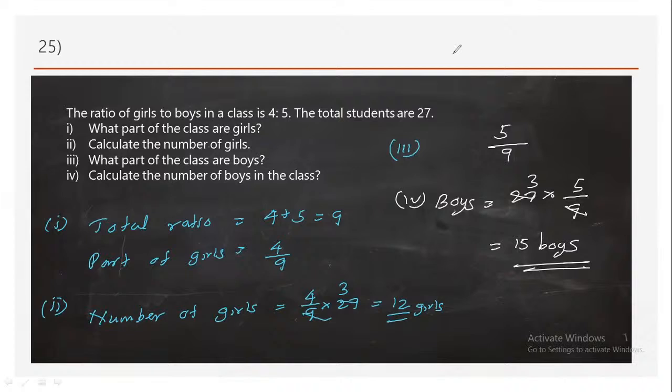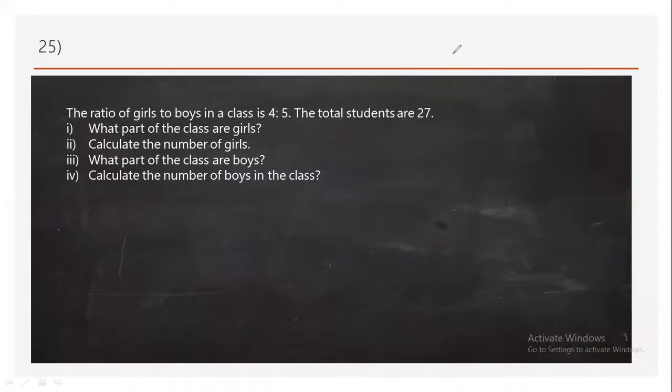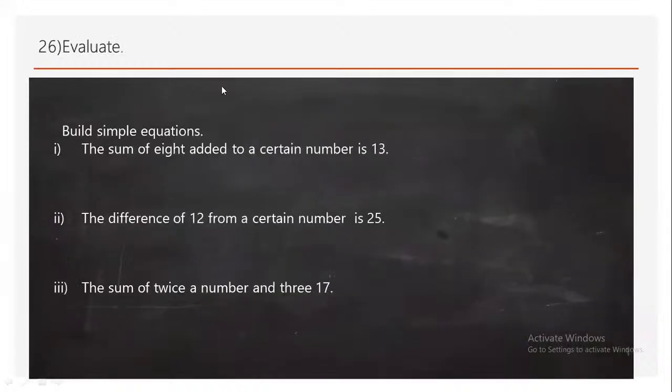Question number 26. Build up simple equations. Today I included simple equations also. The sum of 8 added to a certain number is 13. Right, certain number I will take as x.